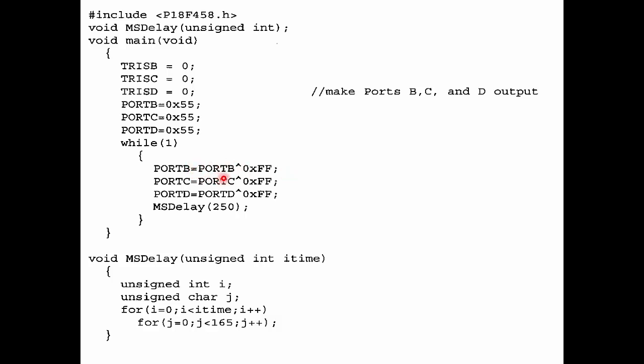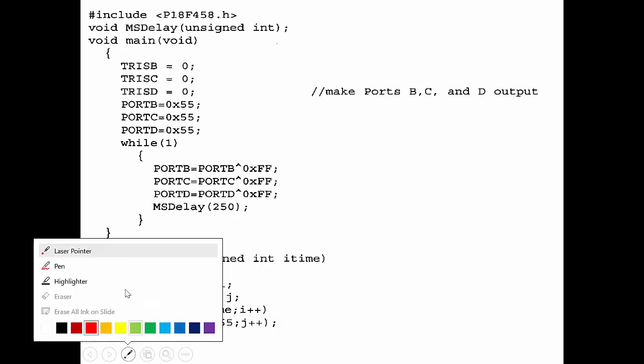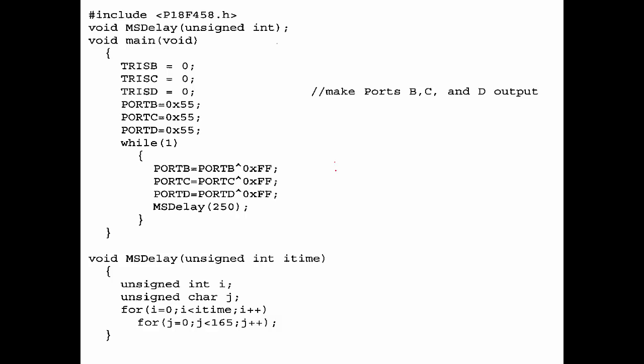If you are doing it with FF, in the sense 1 1, all the bits are 1. So my 8 bits are 1 1 1 1 1 1 1 1. And my number in port B is 0x55.